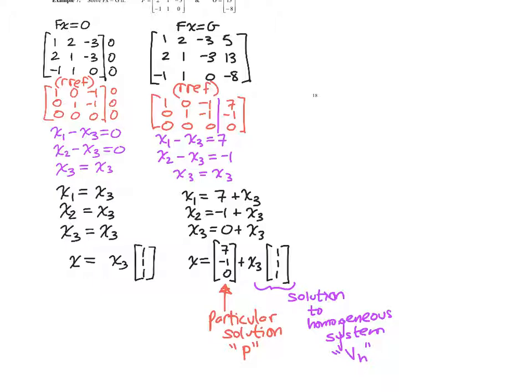So if I had FX equals, well, in this case, the G vector, to go through this process, as part of the solution, I'm getting the homogeneous solution. Then when you put that together with the particular solution related to this resulting vector, that gives you the entire solution for this linear system.